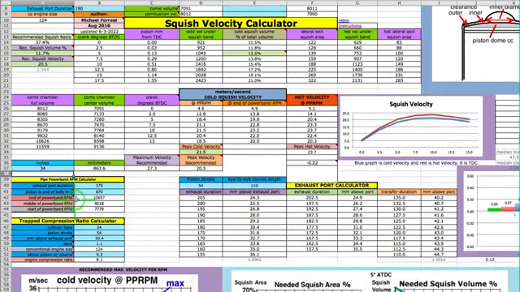So when you enter that, this would be an estimate of the peak power RPM, which in this case would be 9,200. So if you don't know what it is, you don't have a dyno on your bike, if it's stock, then just go by this.